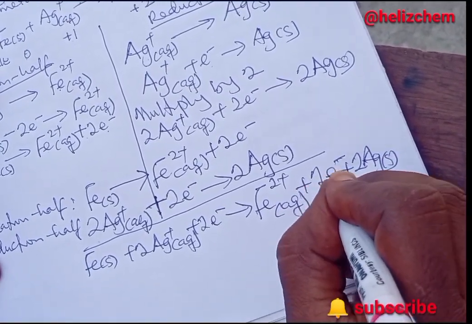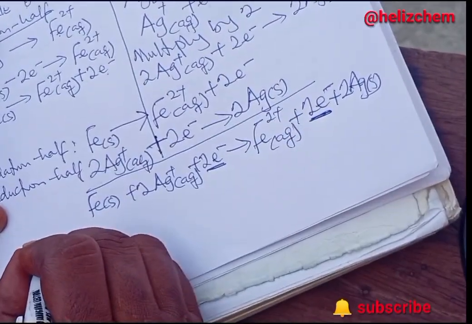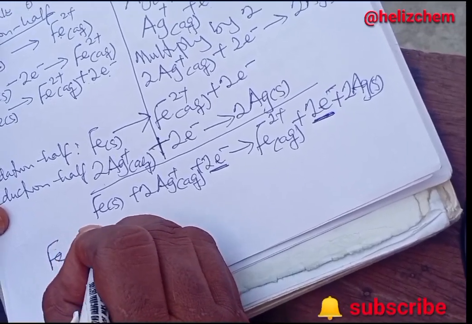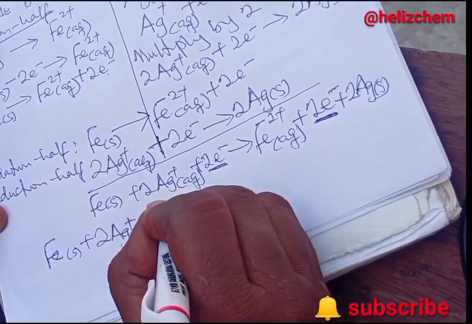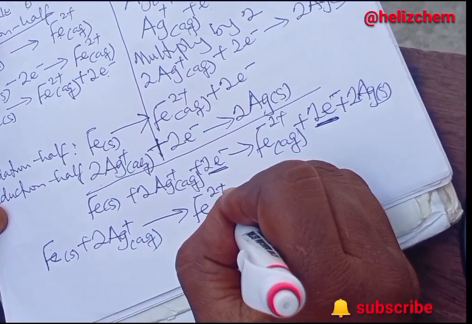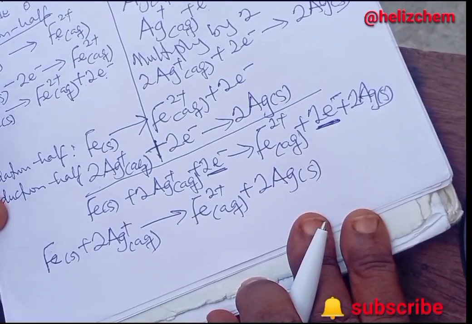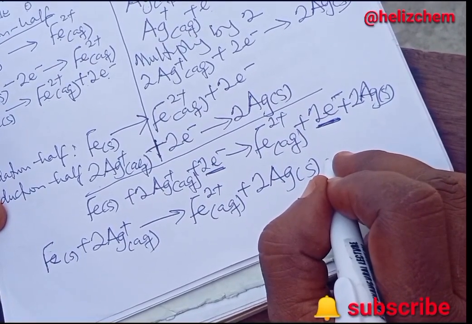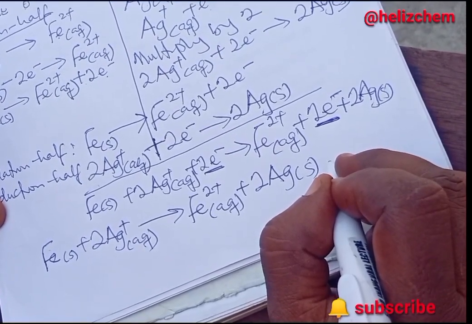So the electrons will cancel each other and we are left with Fe solid plus 2Ag+ aqueous to give Fe2+ aqueous plus 2Ag. If you look at this equation now, we have successfully balanced the simple ionic redox equation.